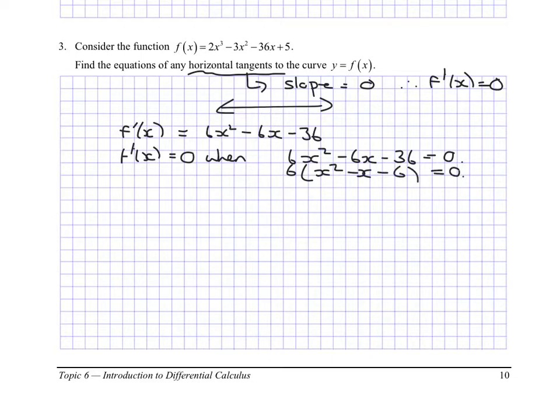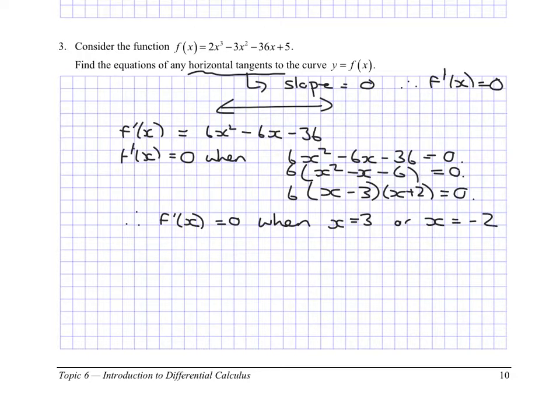Now if you use sum and product to solve that, you'll get 6 outside of x take 3 times x plus 2 equals 0. And so therefore, if you use null factor law, f dash of x equals 0 when x equals 3 or x equals -2. Because by null factor law, one of these must be equal to 0 for that equation to equal 0.